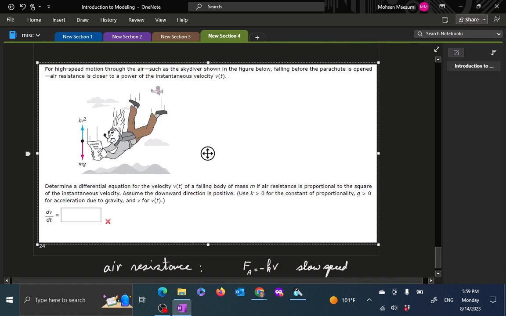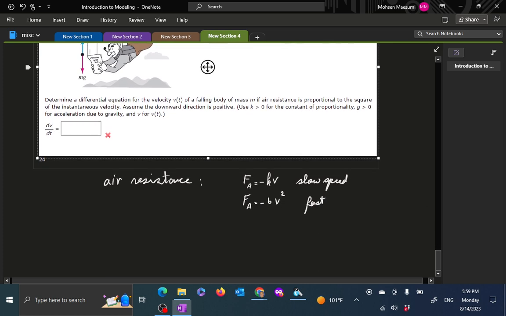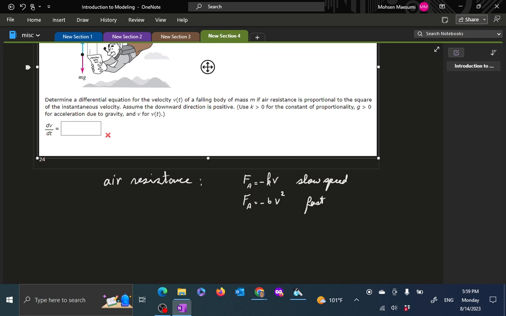Air resistance is supposed to be a power of instantaneous velocity v of t. Determine a differential equation for the velocity v of a falling object of mass m if air resistance is proportional to the square of the velocity. Assume the downward direction is positive. Use k larger than 0 for the constant of proportionality, g larger than 0 for acceleration due to gravity, and v for velocity itself.